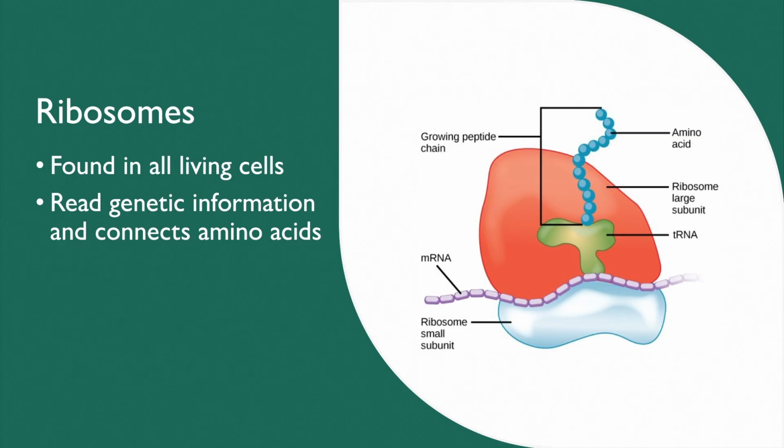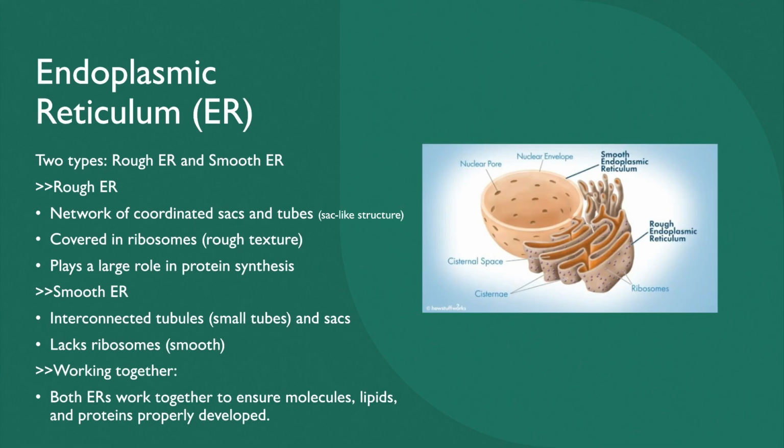Next are ribosomes. They are tiny cellular structures that read genetic instructions and connect amino acids to create proteins. They are found in all living cells and play a key role in a process known as protein synthesis. We'll talk about that in a later video. The endoplasmic reticulum, also known as the ER, is a crucial organelle in eukaryotic cells.